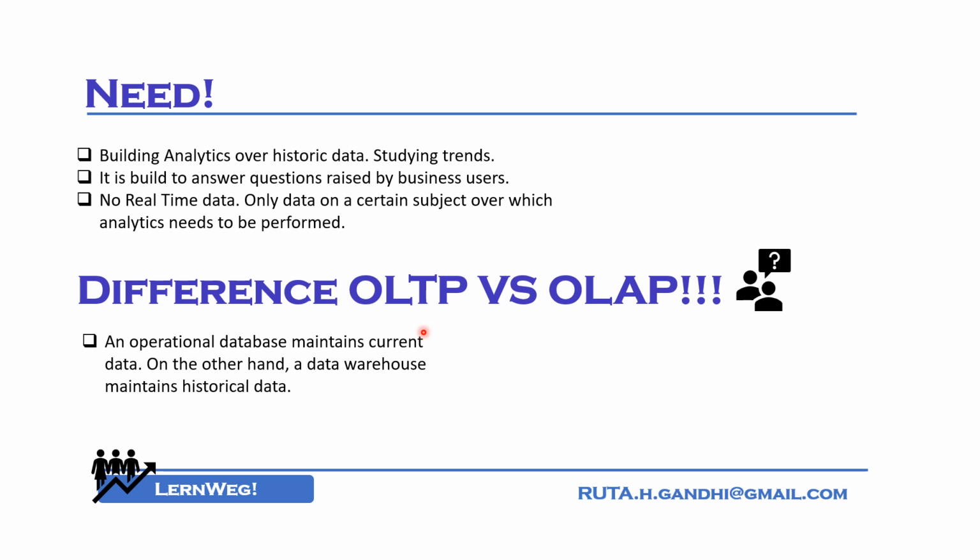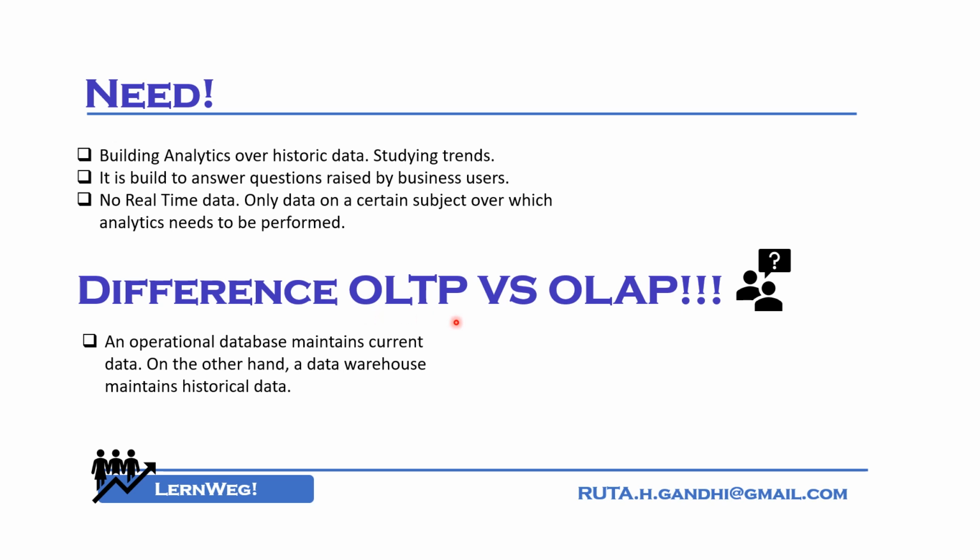So consider a company selling things online, an e-commerce website. So let's suppose it sells some pens and papers. So for that, what will be OLTP and what will be OLAP? So let's say I as a customer placed an order of pen. So that order will go to OLTP system and its status will be booked.